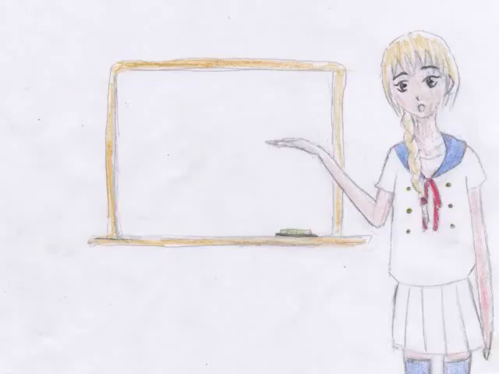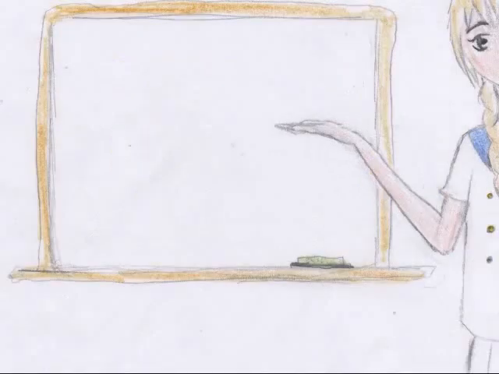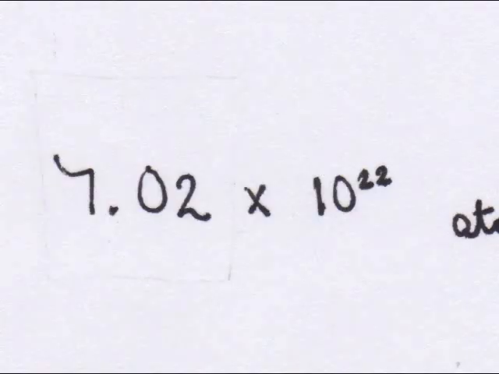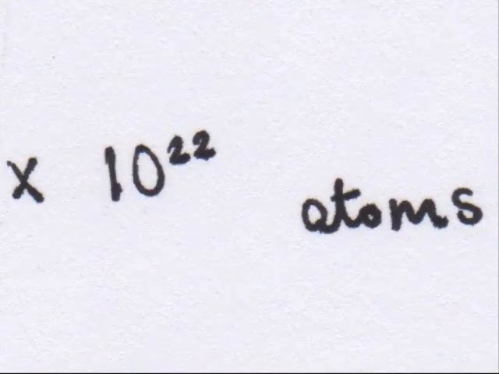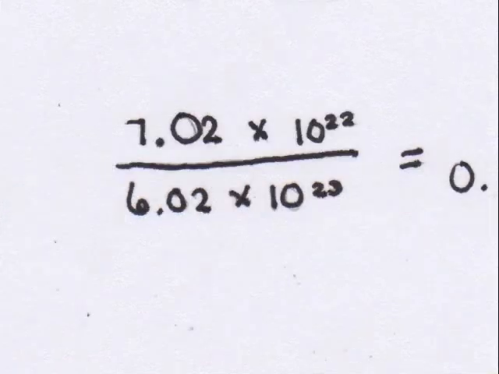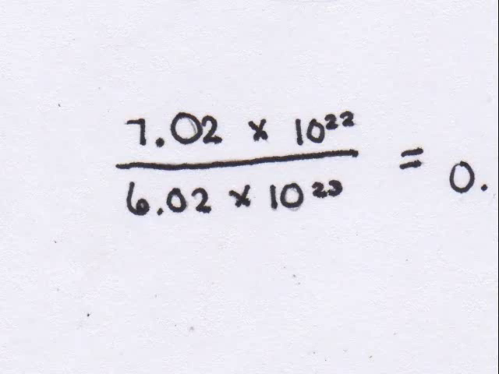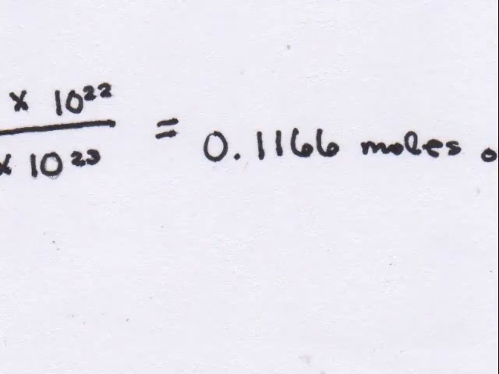Another problem to look at is converting between atoms and grams, which involves the use of both Avogadro's number and the molar mass of the substance. Say you wanted to find out how many grams there are of 7.02 times 10 to the 22nd atoms of aluminum. You would have to divide the number of atoms of aluminum by Avogadro's number to get 0.1166 moles of aluminum.